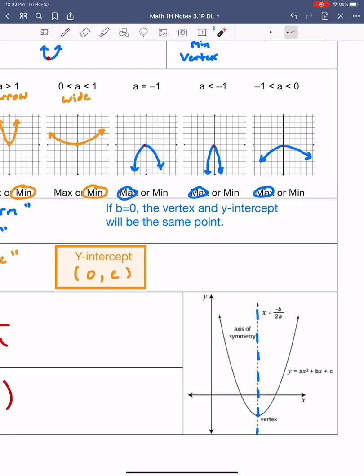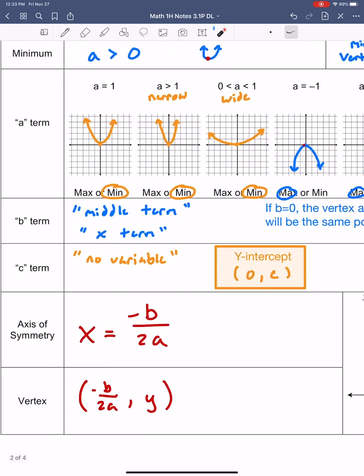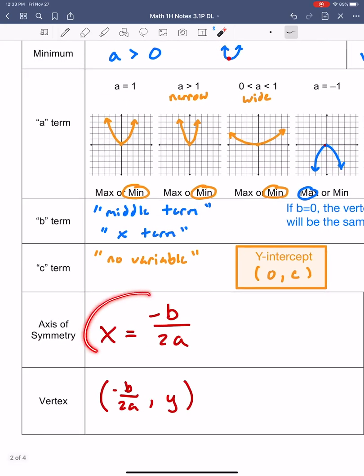And we can figure out which point it is where it hits the x-axis using this equation, which is x equals -b over 2a. I've jotted that down there. That basically tells me where the middle of my parabola is going to be.